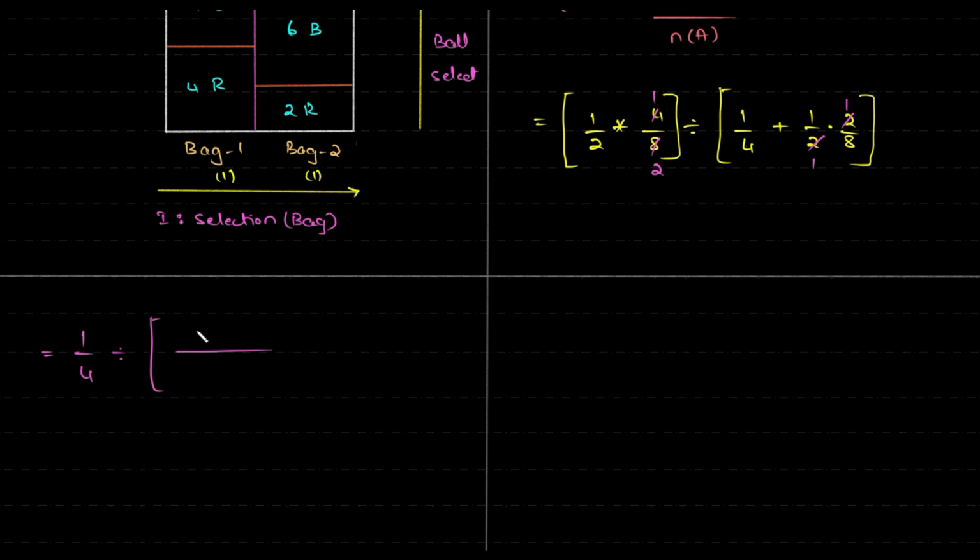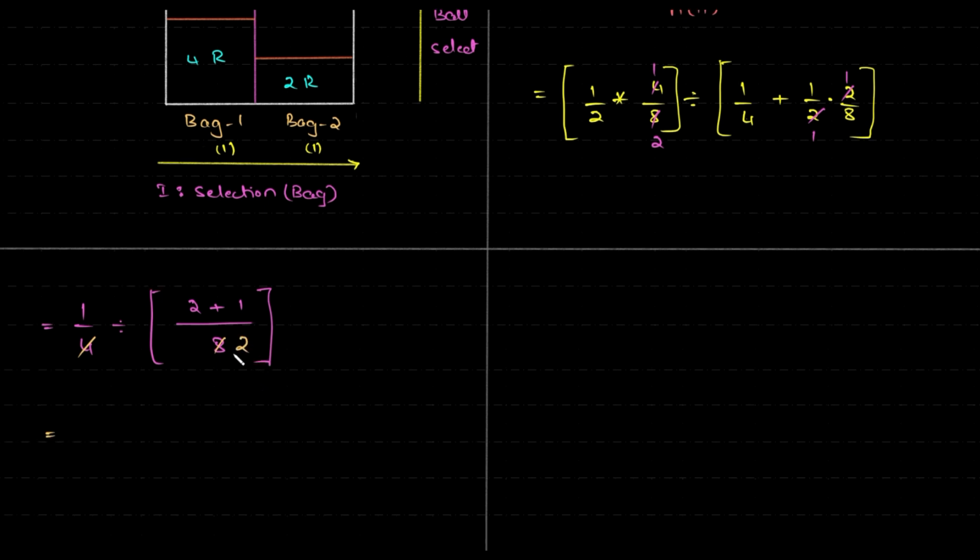So this is 2 plus 1 over 8. Denominator, denominator. I hope you guys know all of this. So this is basically 2/3. That's it.